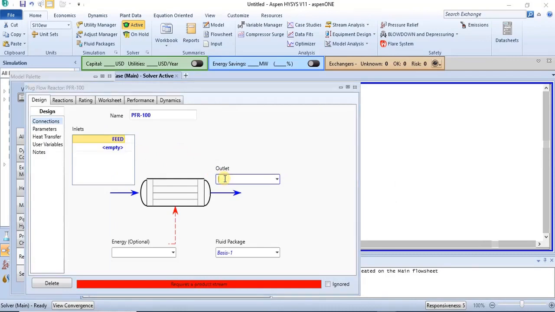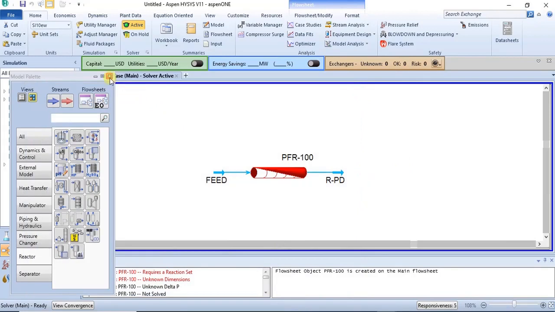Then we can start the specification, right? Okay, it says requires a reaction set. So let's quickly get our reaction specification done before we continue with the modeling.